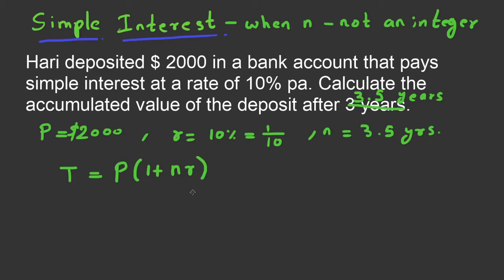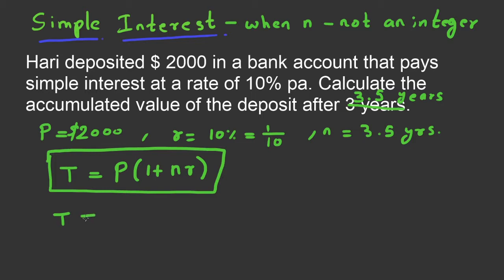So, in this case, we can still use the equation T is equal to P into 1 plus NR. We can calculate the accumulated value after 3.5 years, which is equal to 2000 into 1 plus N, given as 3.5, into 1 by 10.